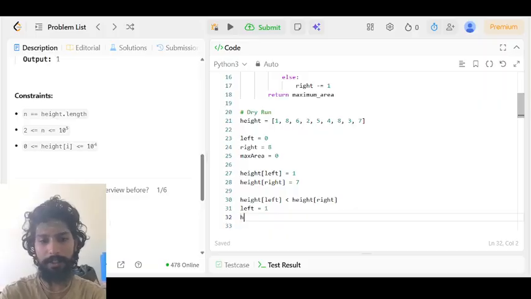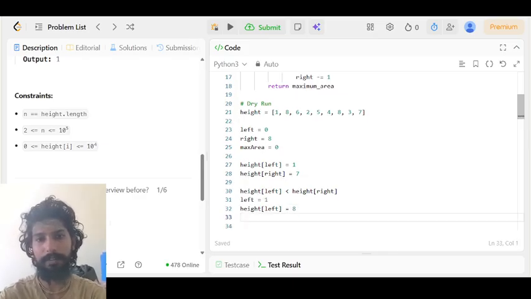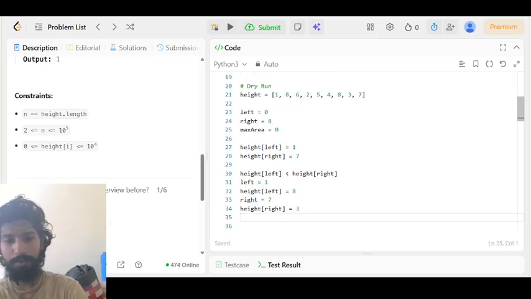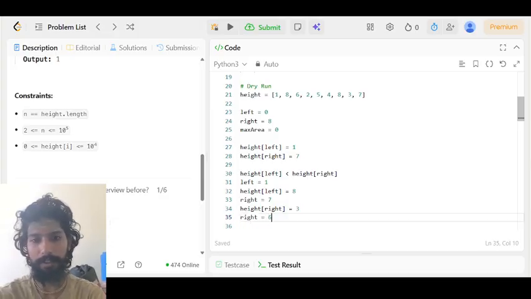So now height left is equal to 8 and height right remains the same, 7. So this time right will become equal to 7 and height of right is equal to 3. So again right will move, so right will become equal to 6.